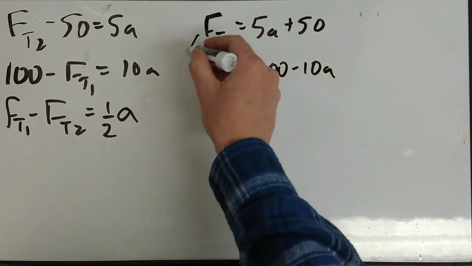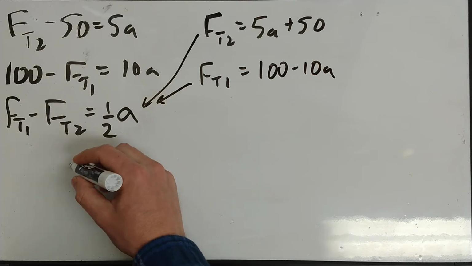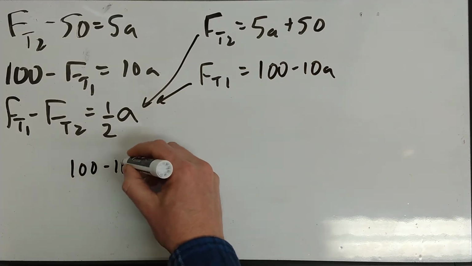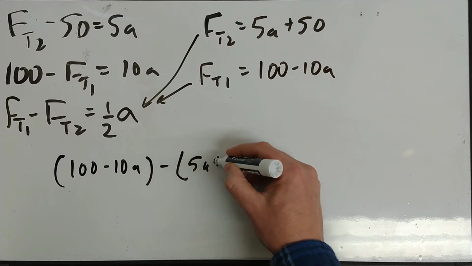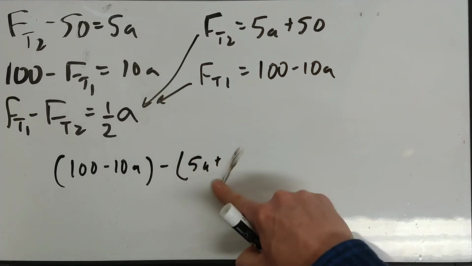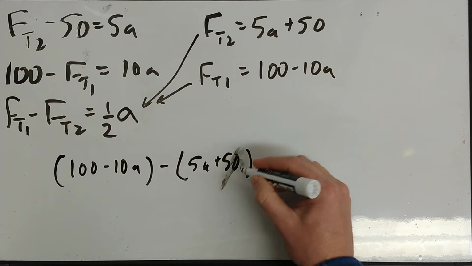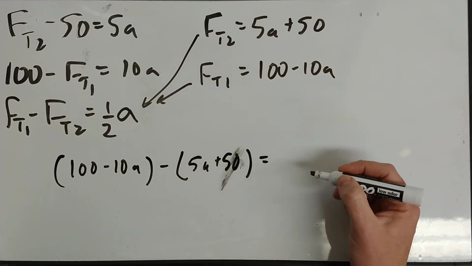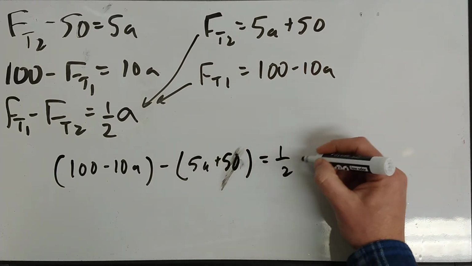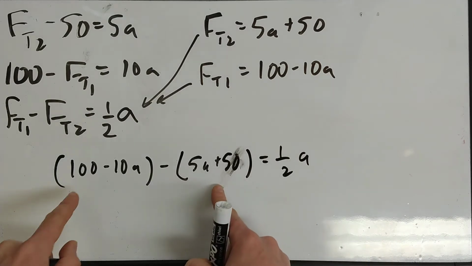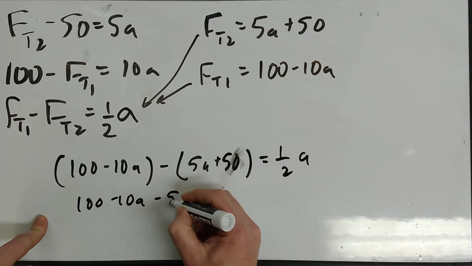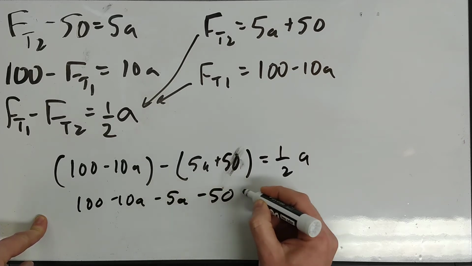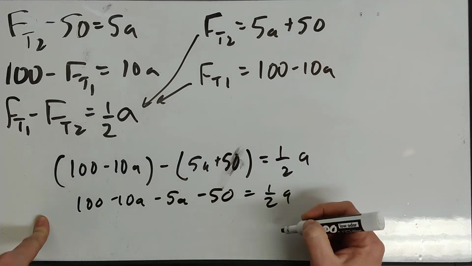So I'm going to take those, plug it into here. ft1 is 100 minus 10a minus 5a plus 50. Maybe some of you have some better ways to solve this. Equals 1/2 a. Now we just got to actually follow through here. So 100 minus 10a minus 5a minus 50 equals 1/2 a.